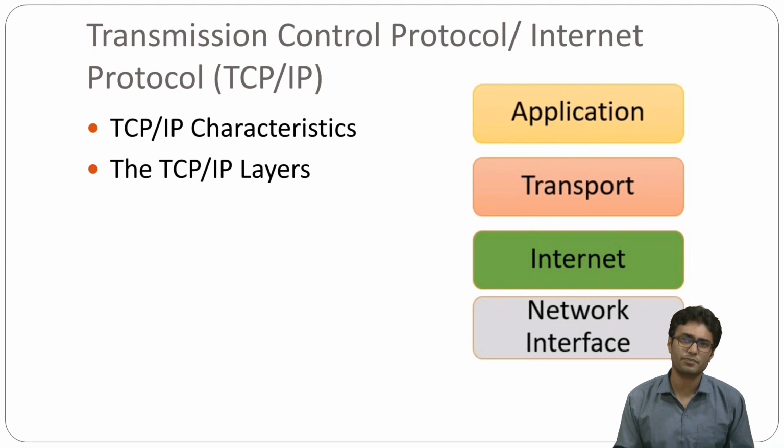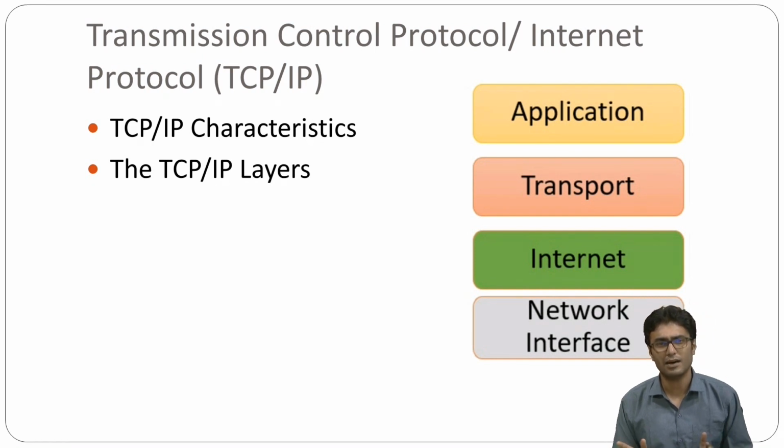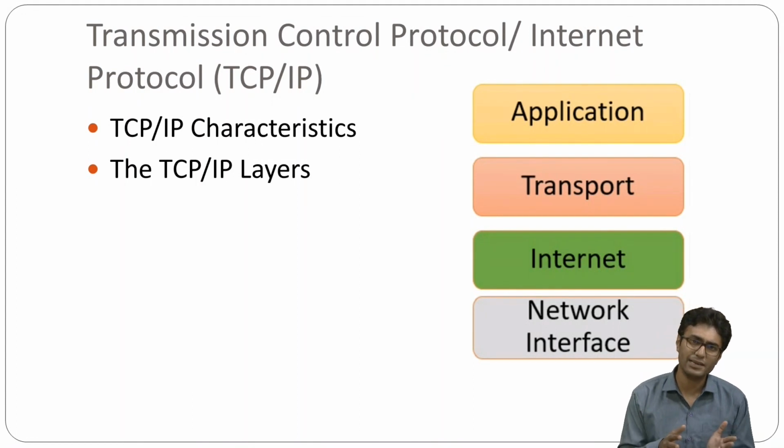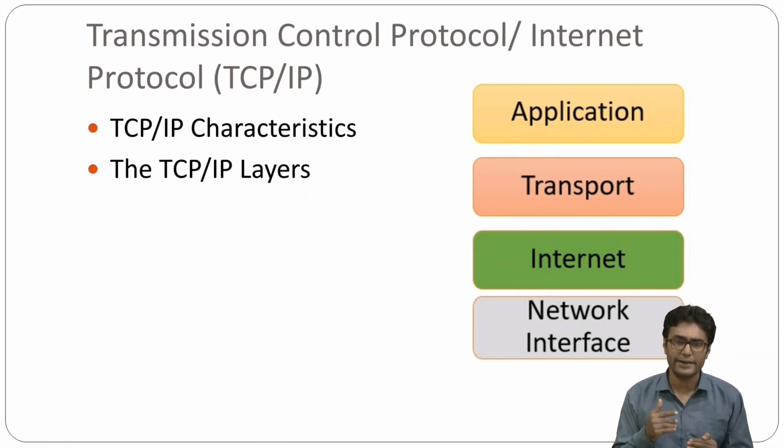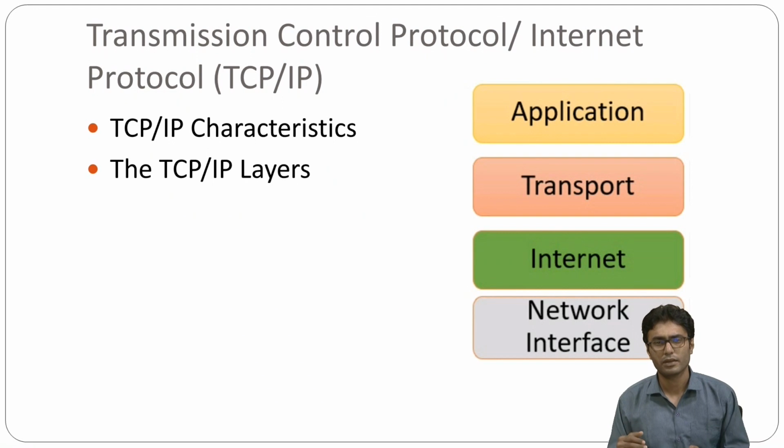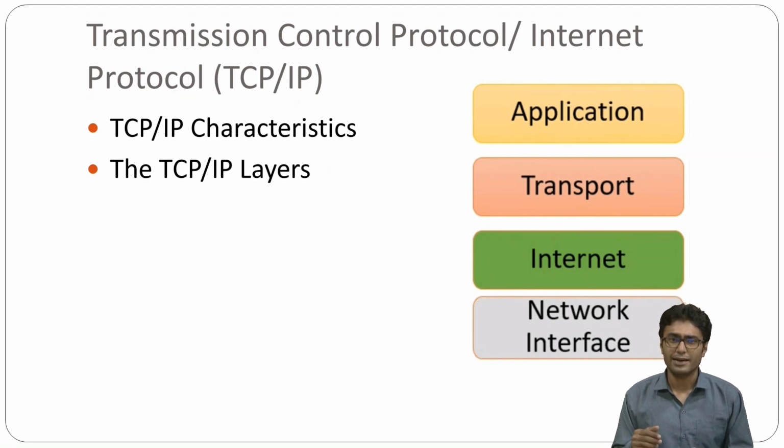The TCP/IP model is based on four layers. From bottom to top, these are the physical layer, then the data link layer, then the network layer, and at last the transport and application layers.